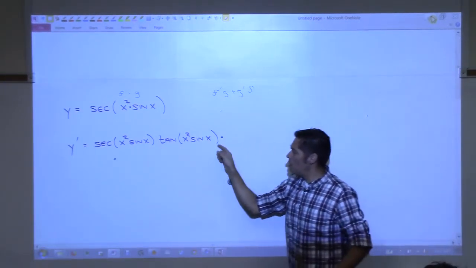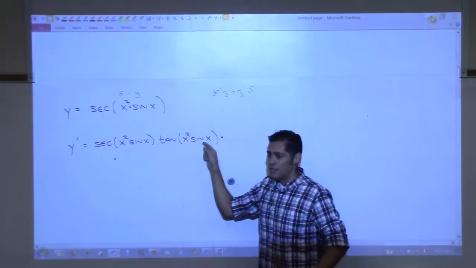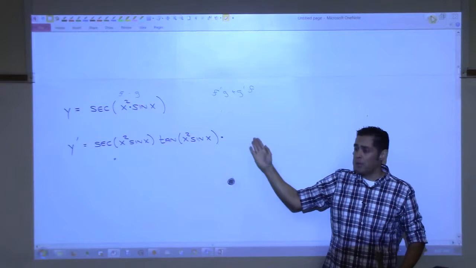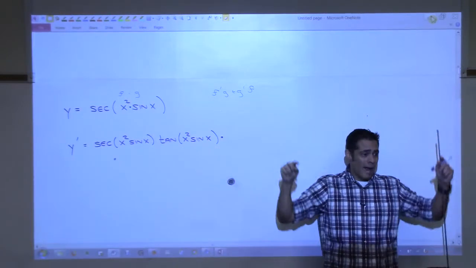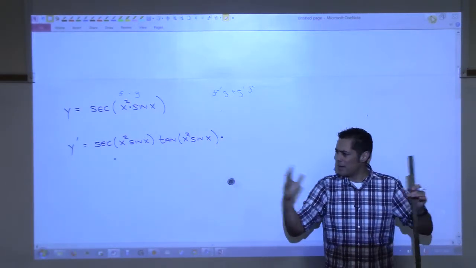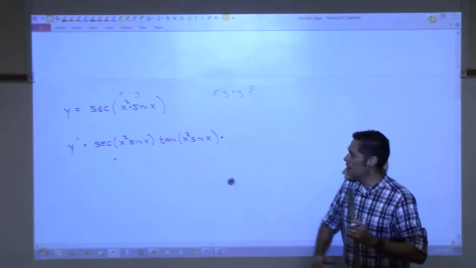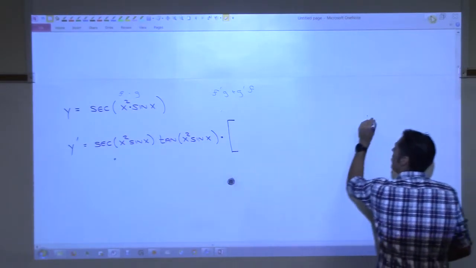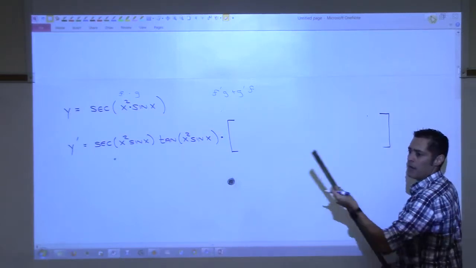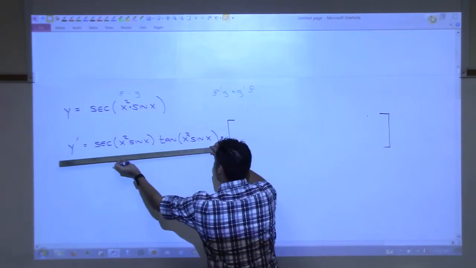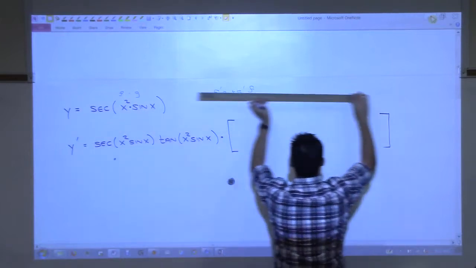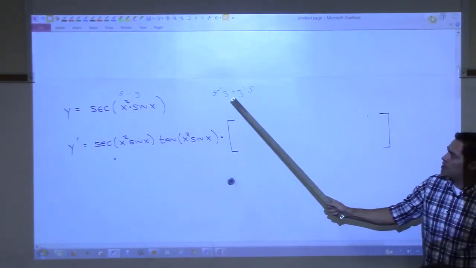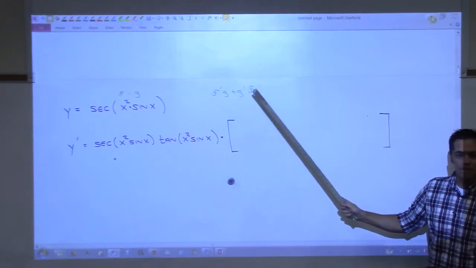Which means that all of this junk right here is going to have to multiply times both of those. Which means I need to put this answer either in brackets or parentheses. They're the same thing. Brackets and parentheses are exactly the same thing. I'll do brackets just because I really want to stress that you have to have these, okay? Because all of this junk would have to get distributed through to each one of the two pieces that's going to come from this.